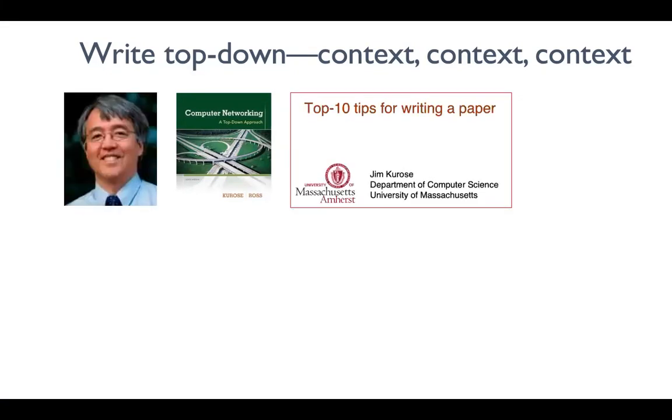So, like I mentioned in the introductory lecture, this approach is the approach taken in the famous book by Kurose and Ross, known as Computer Networking: A Top-Down Approach, in which the authors Jim Kurose and Keith Ross take what is known as a top-down approach.